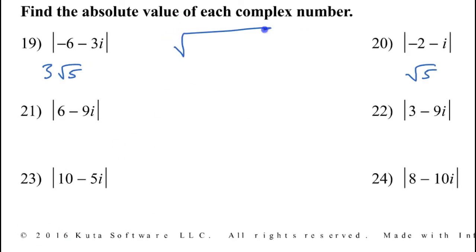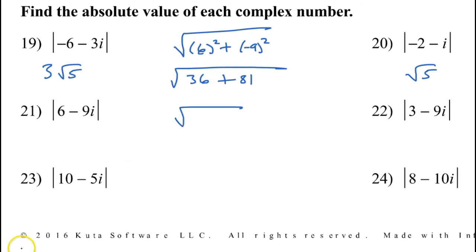Alright, so for this one, number 21, it's going to be the square root of 6 squared plus negative 9 squared. So that'll be the square root of 36 plus 81. So that's going to be the square root of 117.